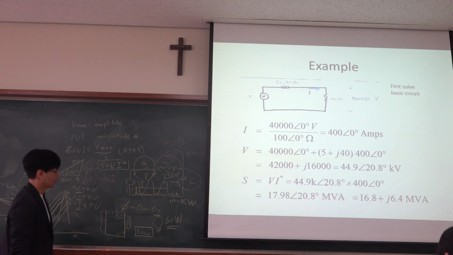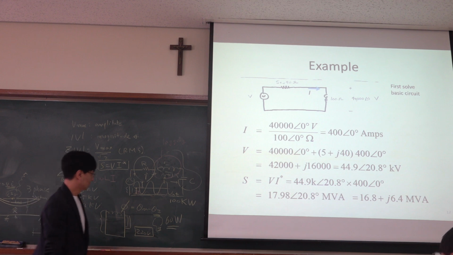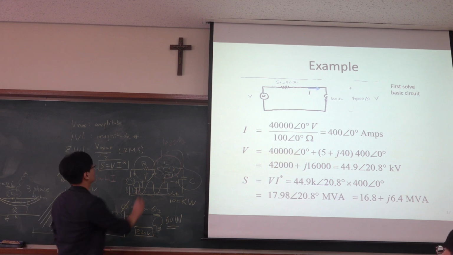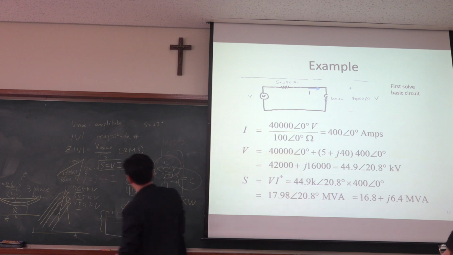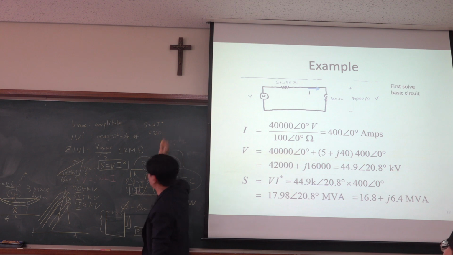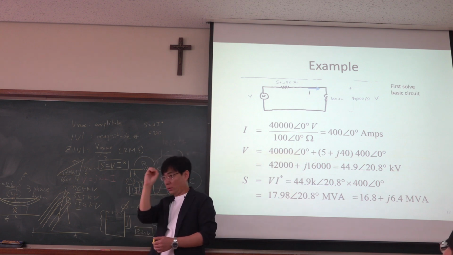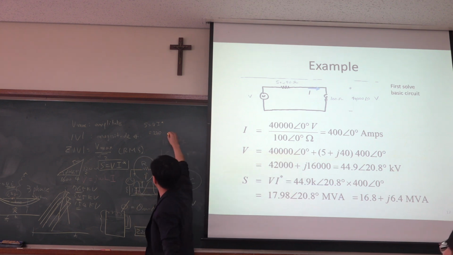Yeah, so here, this is 220 and 0 angle, and this current is V over Z. Here Z is just R. And this is actually a conjugate, but no, this is a real number.